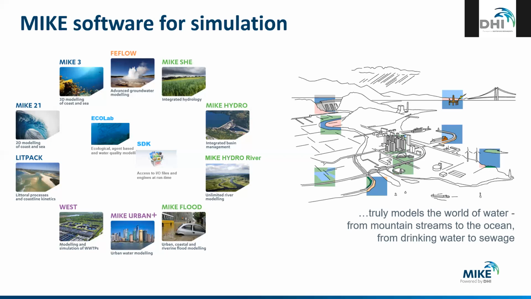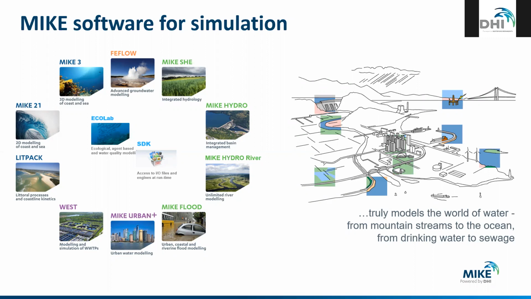Then straddling groundwater and surface water, we have our MIKE SHE software. And MIKE SHE basically is a simulation tool that looks at the whole hydrological cycle. So right through from precipitation, snow storage and snow melt, overland flow, channel flow, the unsaturated zone and the saturated zone.